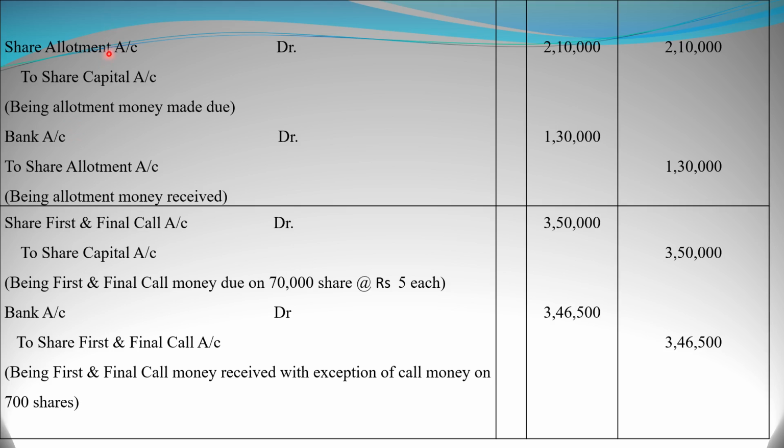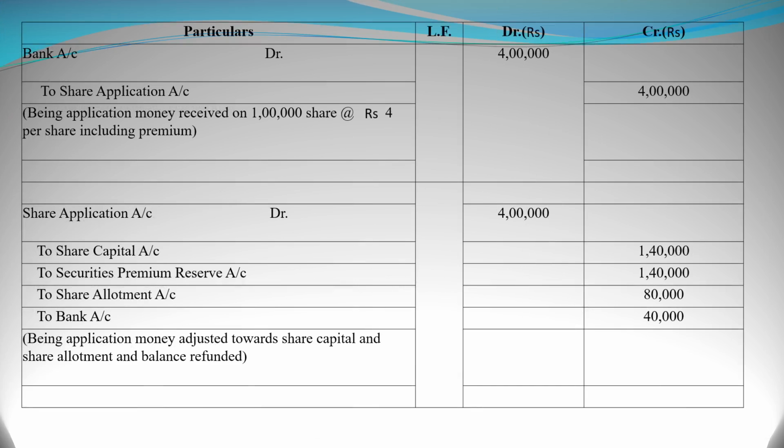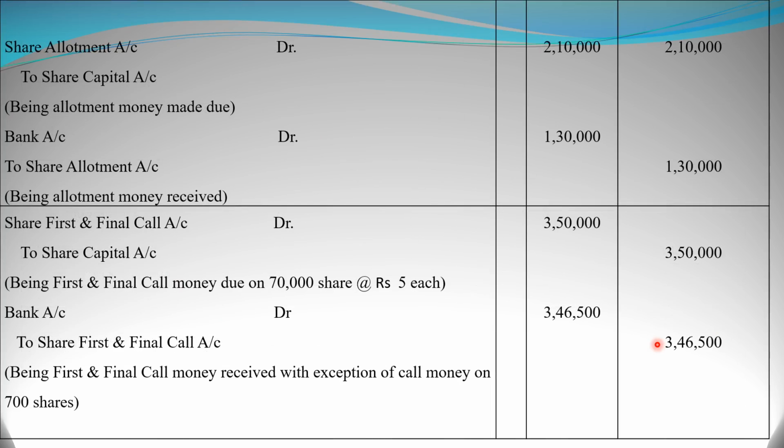So it is very simple: share allotment to share capital, 70,000 into 3, 2 lakh 10. Bank account debit to share allotment 2 lakh 10 minus 80,000, because 80,000 was adjusted with the allotment. Here it is shown as an entry to share allotment 80,000. So that 80,000 the shareholder will not send, and the company will receive less rupees 80,000, that is 1,30,000.